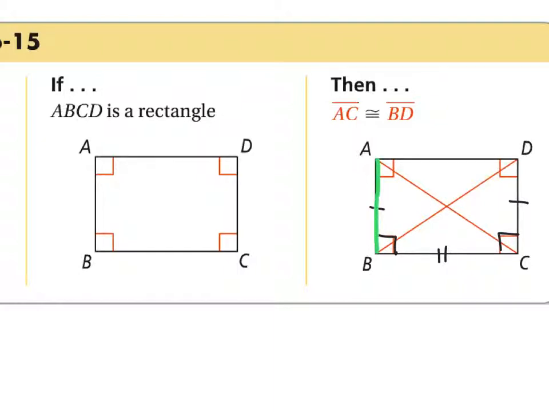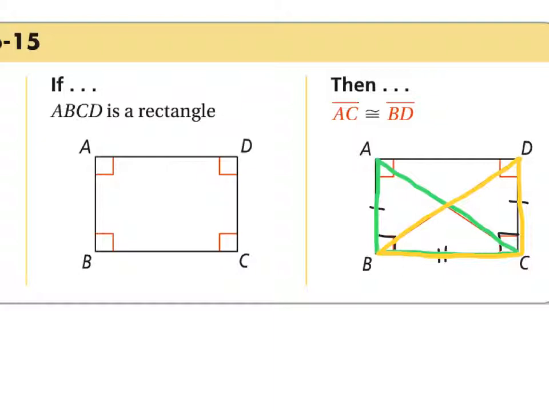Triangle ABC and triangle DCB. I'm looking at those 2 triangles because I know that they are congruent to each other by side angle side. And I know that they hold my diagonals that I'm talking about.